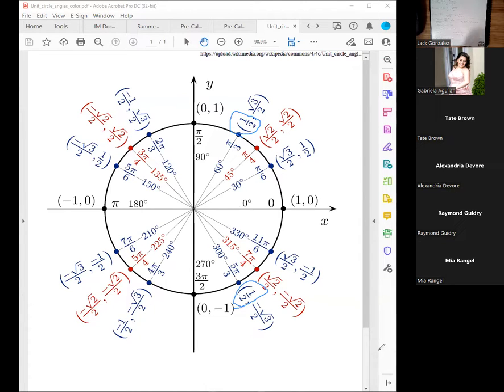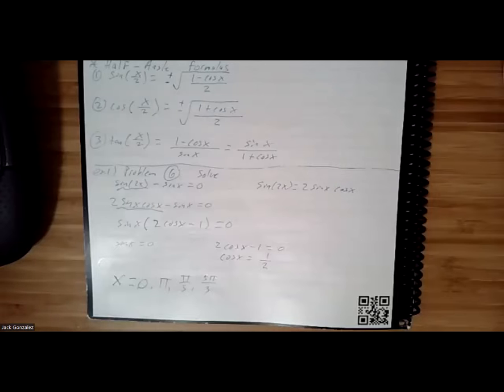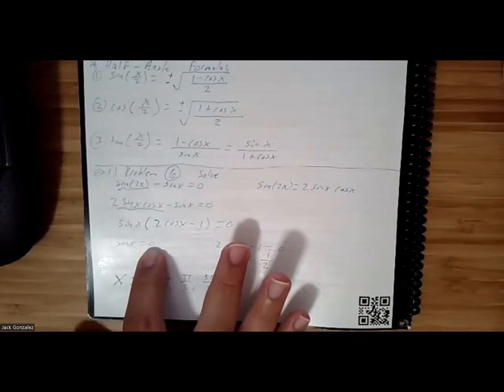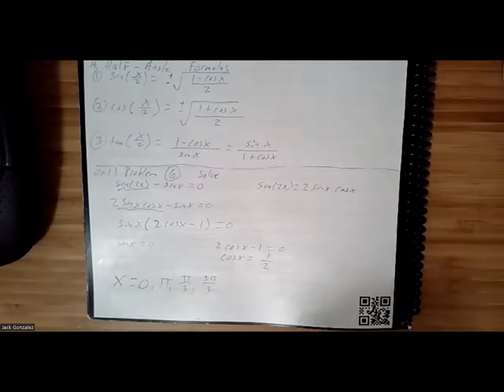So when you have simple values that are known values, you can just look at the circle and not worry about it. But if you get ones that are not on the circle, like let's say this was sine equal to 1.2, then you're going to have to do inverse of both sides and use those ideas from last time. That's problem 6. Any questions on what we did here?